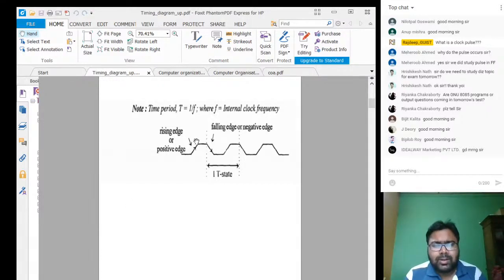What does it mean? For a positive edge triggered flip flop, whenever the state changes from 0 to 1, the flip flop will be activated. For a falling edge triggered flip flop, whenever it moves from 1 to 0, it will get activated. I hope this is clear.